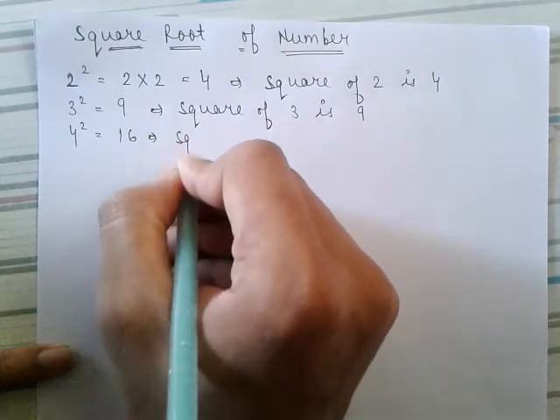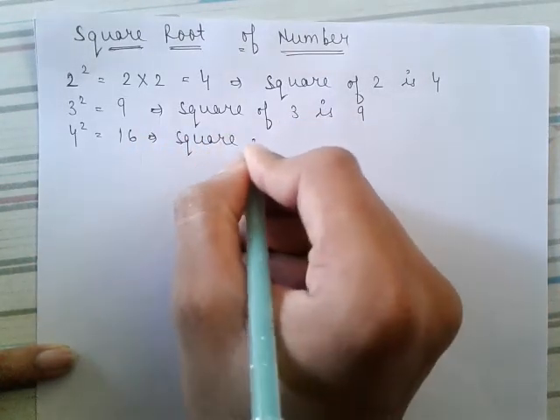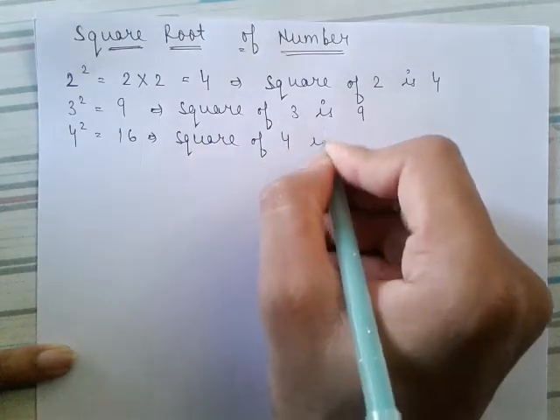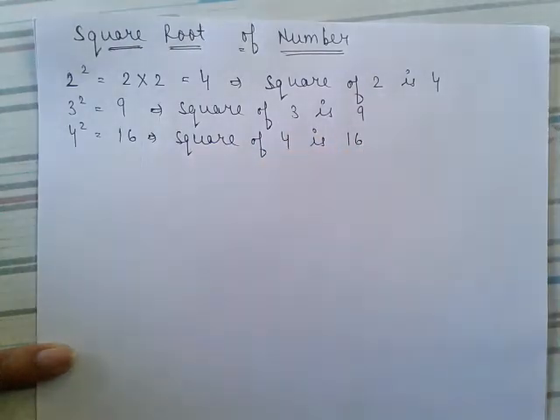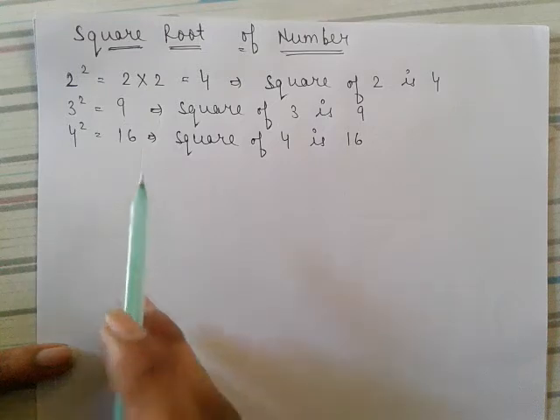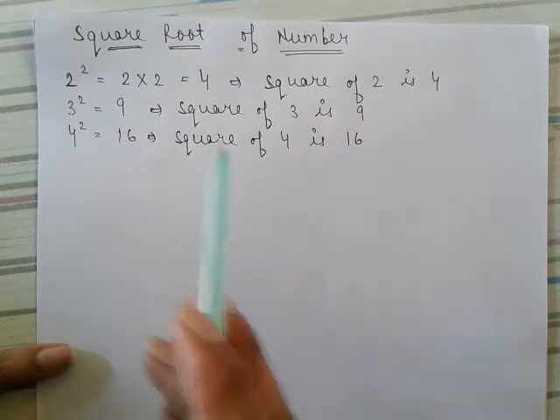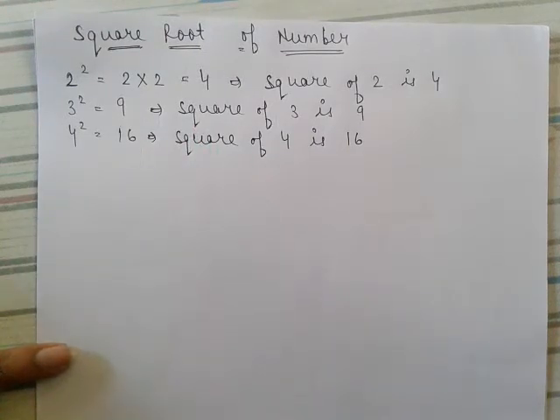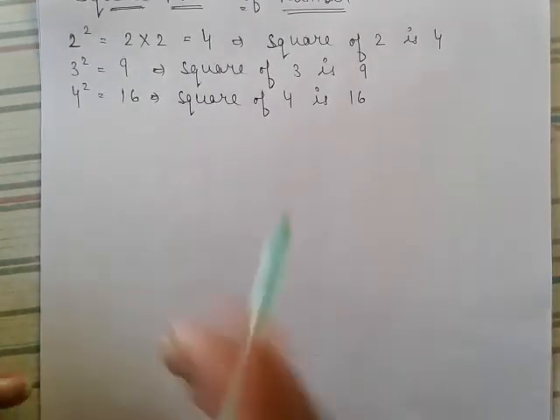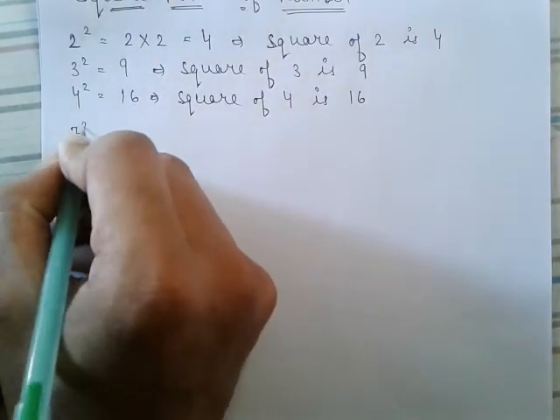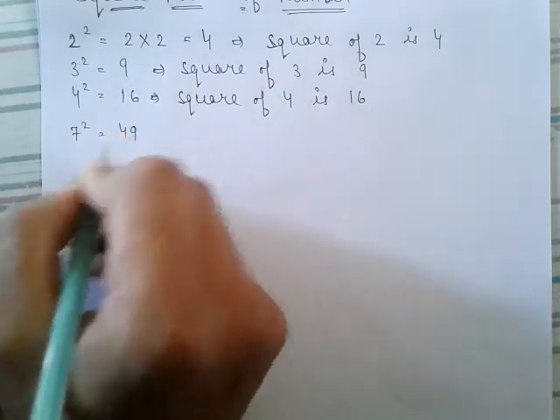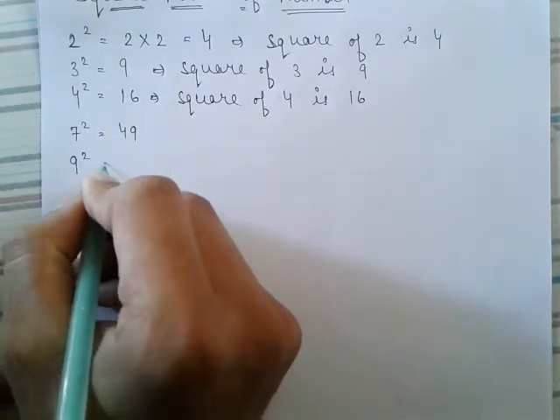Similarly, square of 4 is 16. This is what I am writing in the form of words, in the English language. Similarly, the square of 7 is 49 and the square of 9 is 81.